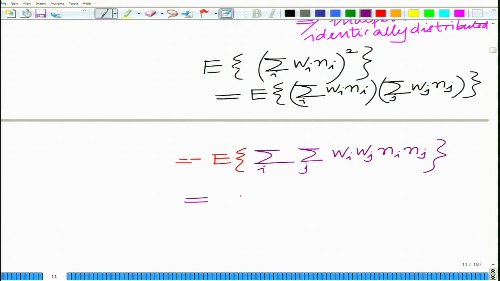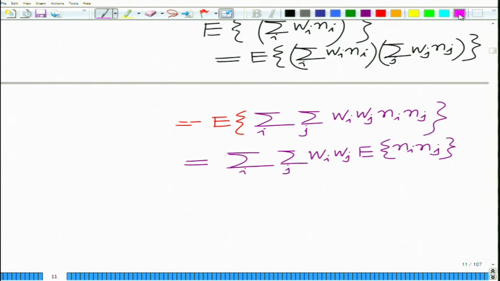Now it is easy to see what this reduces to. Take the expected value inside, summation over i, j of Wi Wj times expected value of Ni Nj. In fact, Wi, Wj are constant. And we have seen this expected value is equal to 0 if i is not equal to j, and equal to sigma square if and only if i is equal to j.